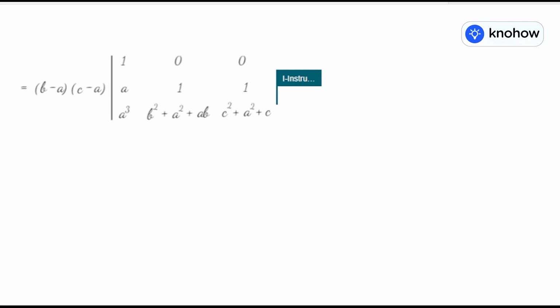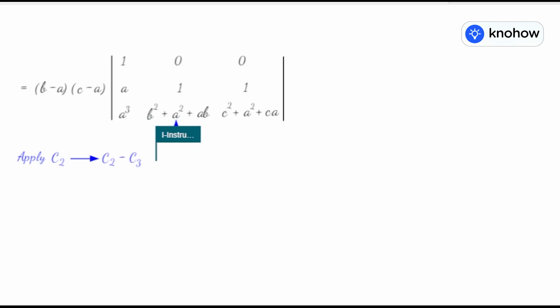And now if you further change C2 to C2 minus C3, that will give you an extra 0, as well as this term A square will cancel. So applying C2 minus C3, B minus A and C minus A stay as such, and C2 minus C3.